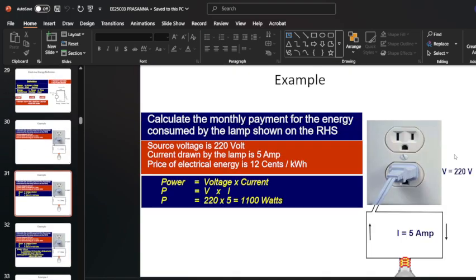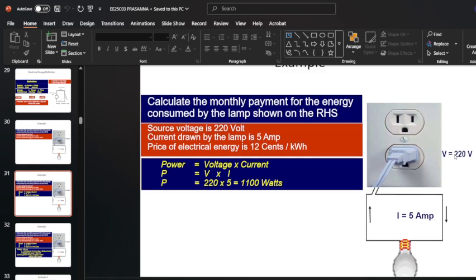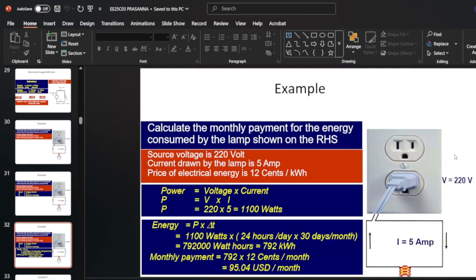Power is voltage into current: 220 volts into 5 amperes, so 1100 watts. Energy is equal to power into delta T: 1100 watts into 24 hours a day into 30 days per month.